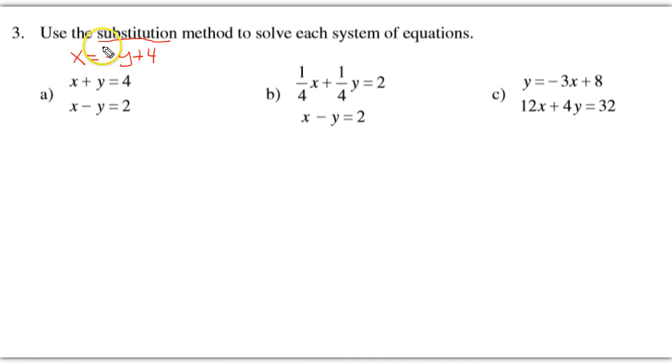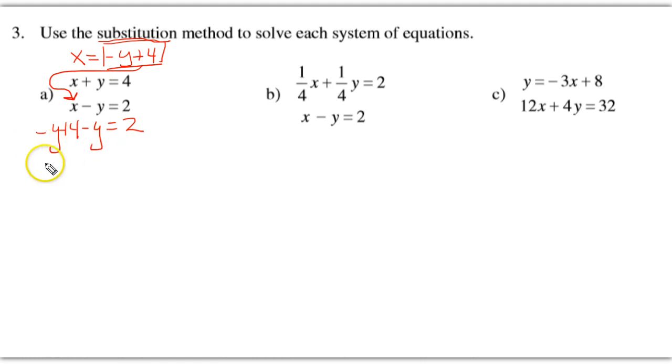Now we know what x is. We're saying that x is this value. So then we take what we know x to be and put it in the other equation. So we're saying x is a negative y plus 4, minus y, which is still in the equation, equals 2.